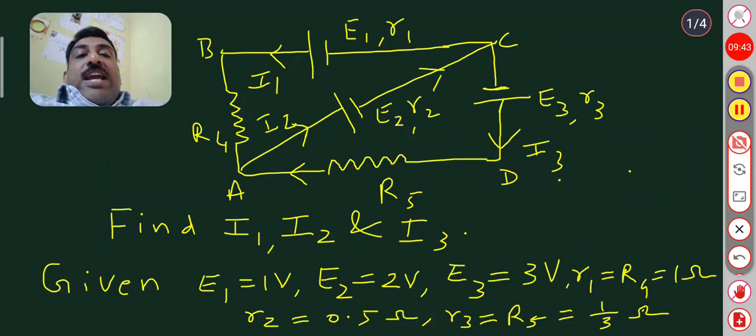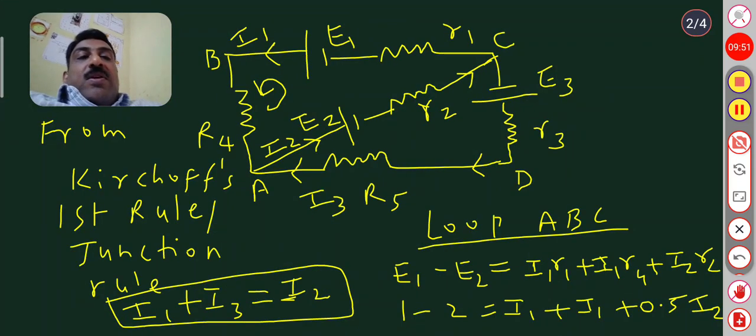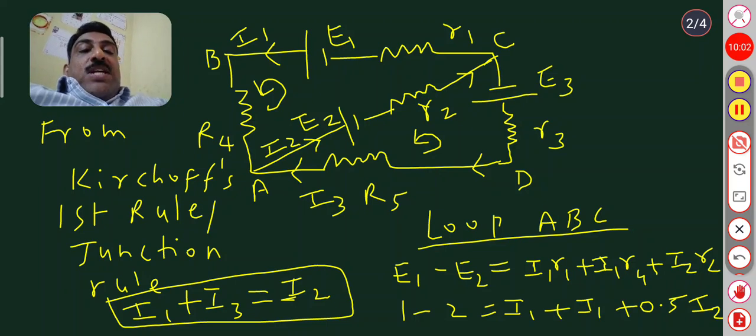Now if you take the second loop here, you can see our direction is anti-clockwise, isn't it? In the second loop also, I'm going to take our direction as anti-clockwise. So in this case, E2, if you take anti-clockwise, is starting from positive and ending on negative, which is the natural direction of current.